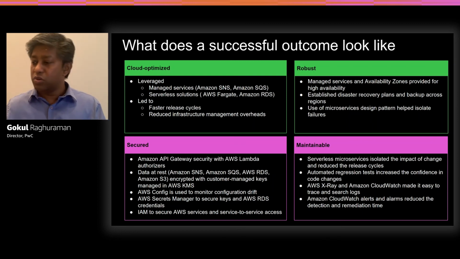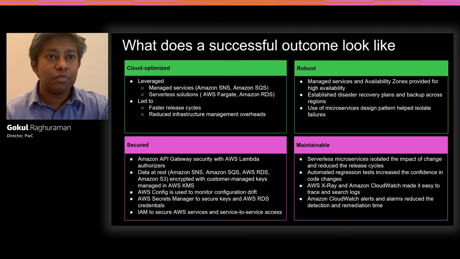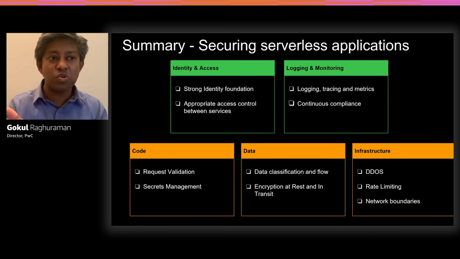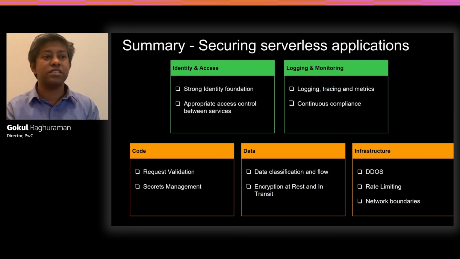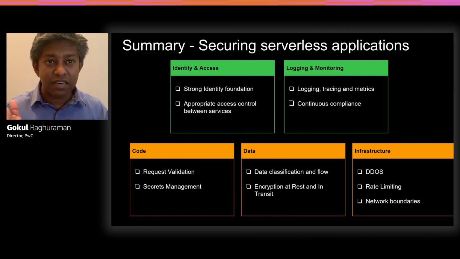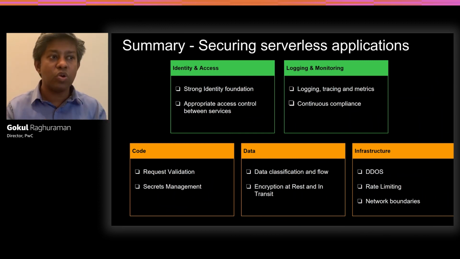Now, if I have to summarize very quickly what are the key aspects, there are 5 domains we spoke about today. You need to start with a strong identity foundation and use a centralized directory service based on a standard like OAuth. You can pick Cognito, you can pick any of the third-party services, but go for a centralized service.